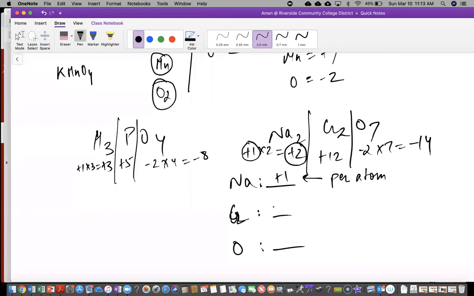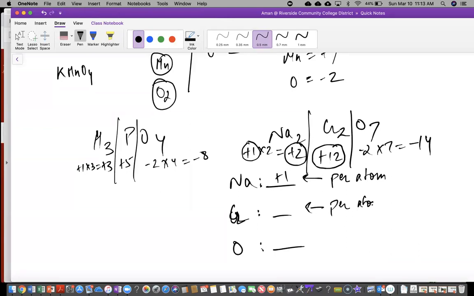Tell me for chromium. Is it 12 or 13? I'm not too sure on that. What is the charge on Cr2? +12. How many chromiums are giving you +12? There are 2 of them.